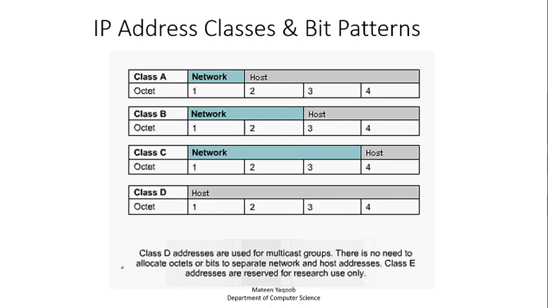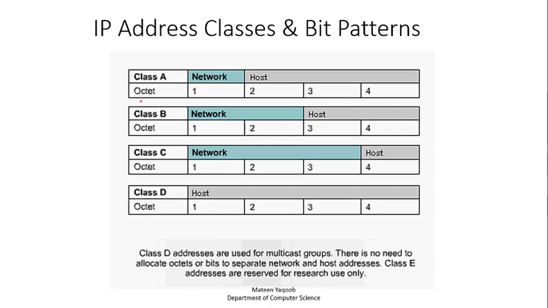The network part determines how many networks can be connected if this IP address is assigned, and the host part determines the number of hosts that can be accommodated in this type of IP address.